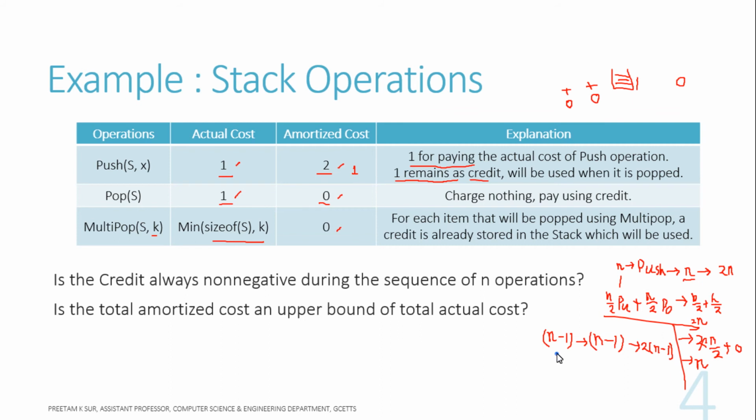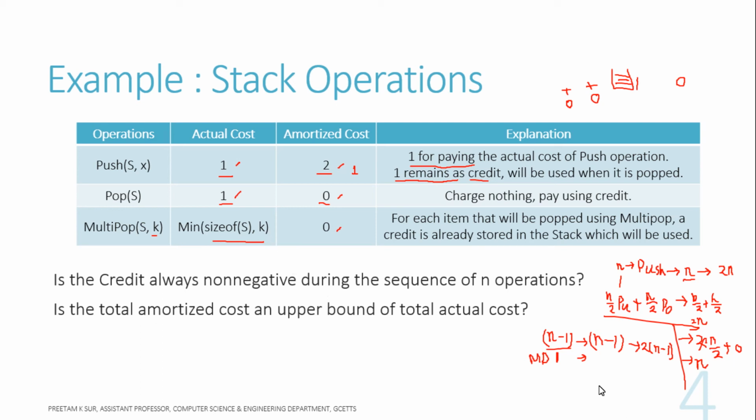And one operation we have is a multi-pop operation, which takes out all the n minus 1 elements from the stack. So what will happen then? For this multi-pop call, the actual cost will be minimum of size of s and k.